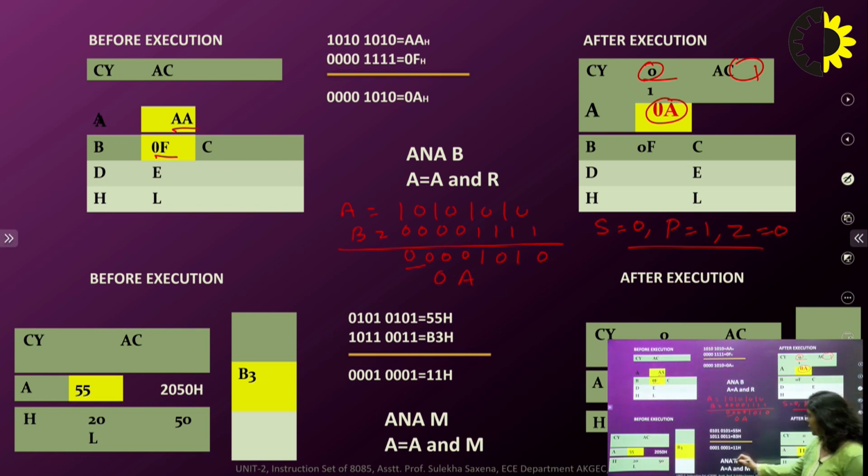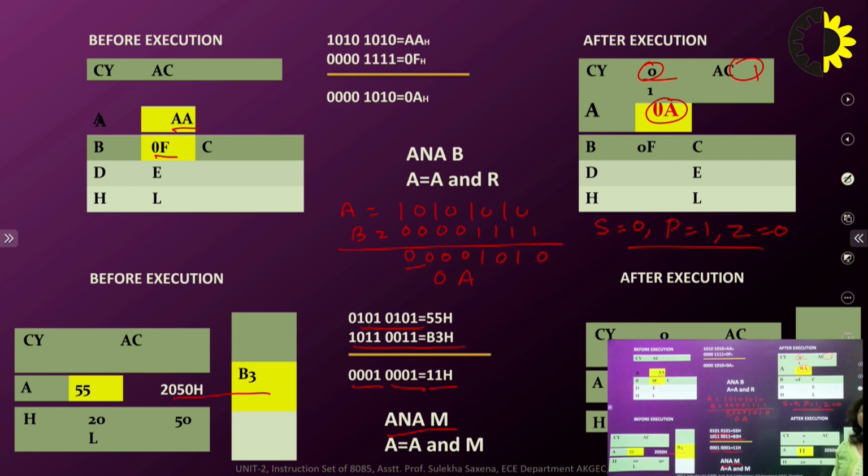Similarly, if we talk about ANA M, let the accumulator contain 55 and the HL pair contain 2050, and at this address the data is B3. So 55 means 0101 0101, B that is 11, so 1011, and 3 that is 0011. If we perform the AND operation of these values, it becomes 0001 0001, which is 11.